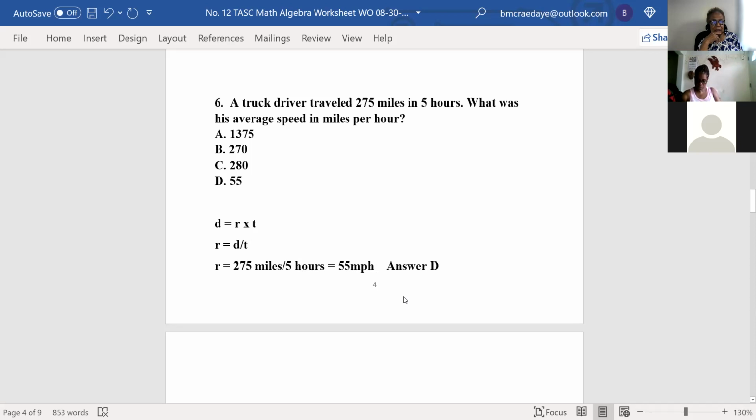In 2 hours, how far could he travel, Maureen? How far could this truck driver drive in 2 hours? What distance could the truck driver drive in 2 hours? 110.